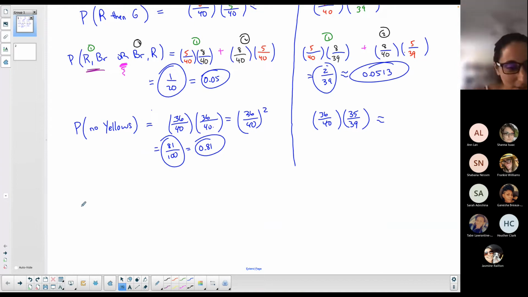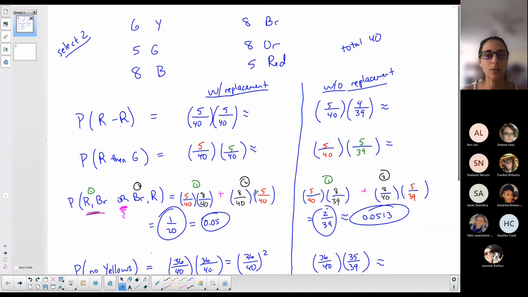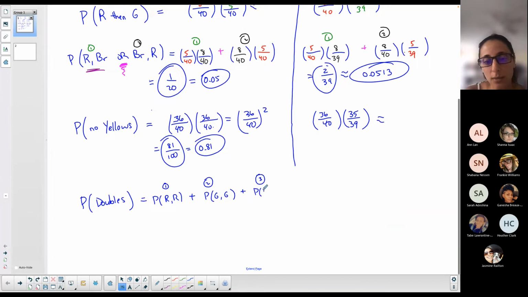I only have one more here that I'm going to talk about, doubles. Just getting doubles. But here's the thing about this. You've got a few situations here. First one could be, let's say, a red and then a red. Or the second could be a green and then a green. Or the third one, I don't remember what colors I have here, blue could be a blue and then a blue.